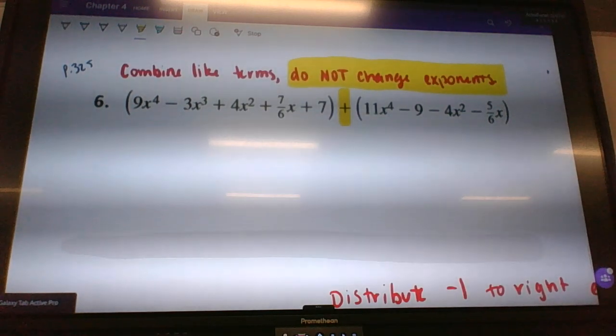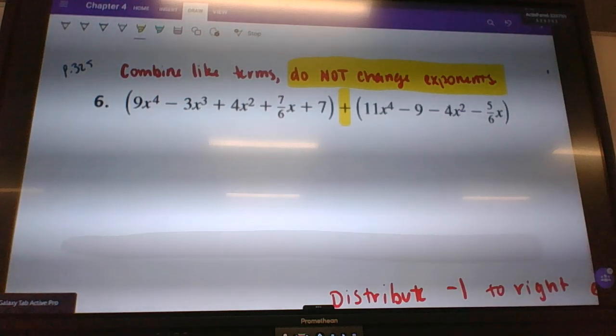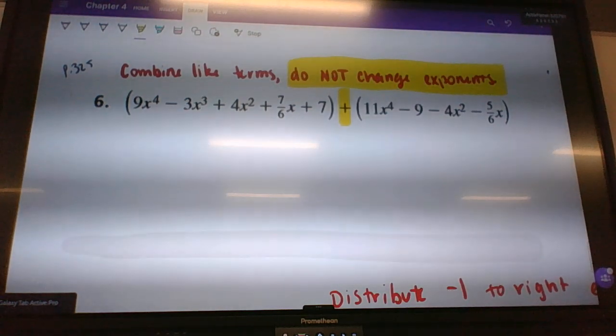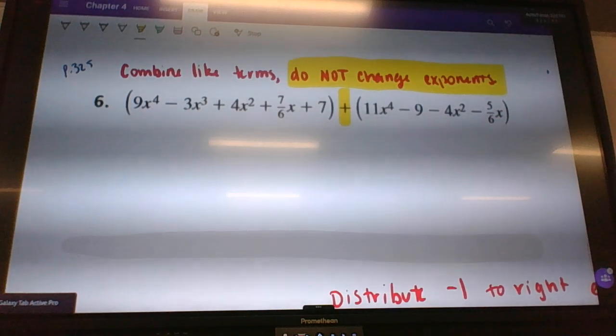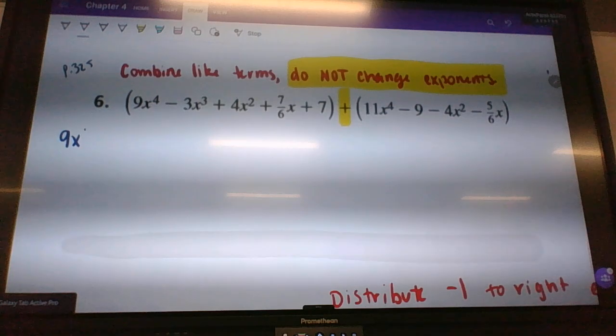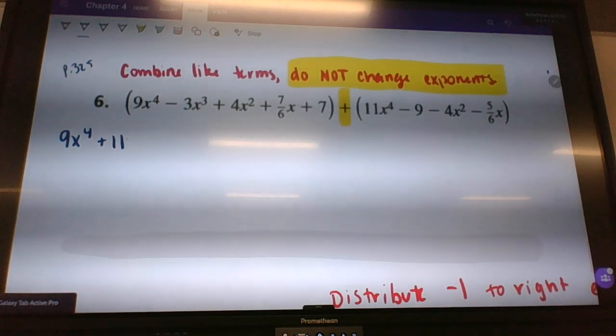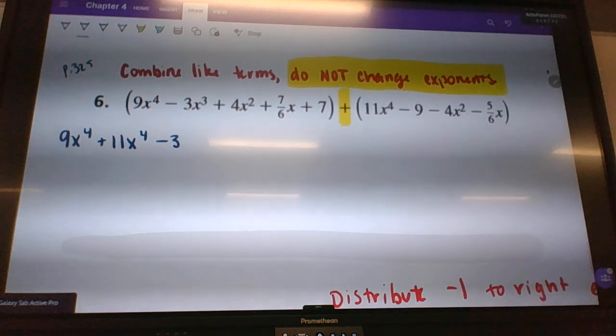So this next step is optional to you. When I combine like terms, I kind of just do it in my head and write it down. But for now, I'm going to rewrite this with all the like terms next to each other. So I would have 9x to the 4th and 11x to the 4th. And then there's only one third-degree term.